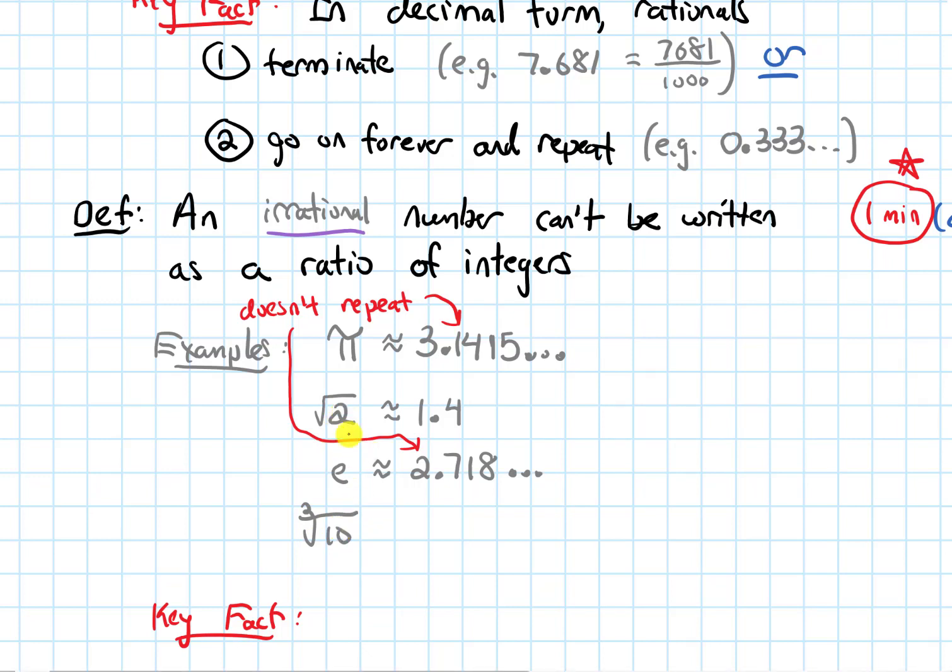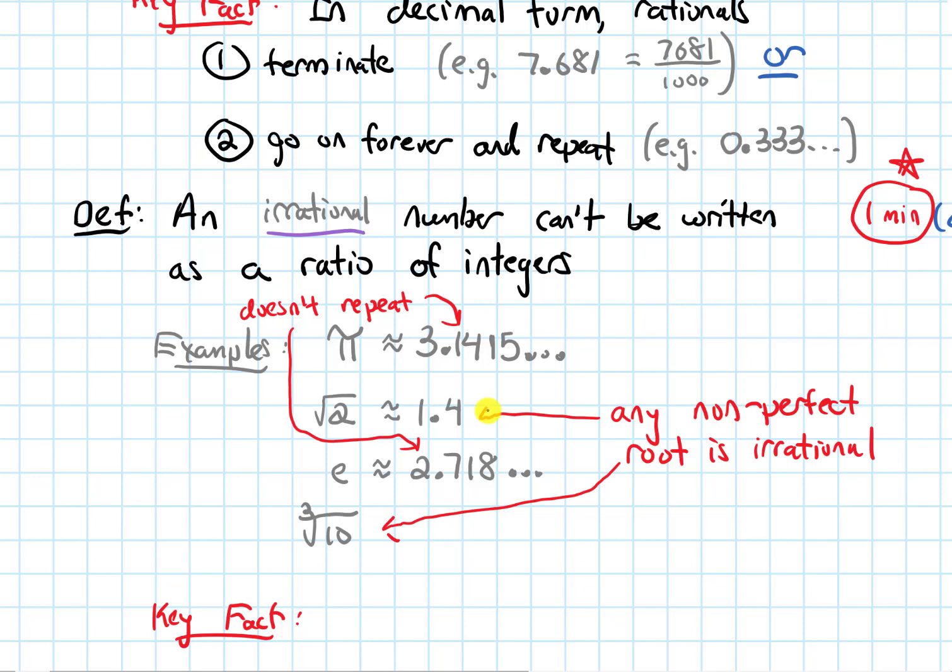One of the really quick ways to get examples, aside from pi and e, is to use roots, like root 2 or cube root of 10, because it turns out that any non-perfect root is going to be irrational. So what do I mean by that exactly? Both square root of 2 and cube root of 10 are what are called non-perfect.